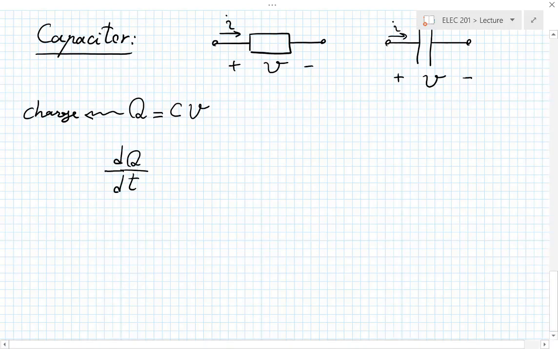So it's really dq by dt. And in fact, that's the formal definition of current. Flow of charge in time. That's what we were talking about. Mathematically, this is how it's represented.